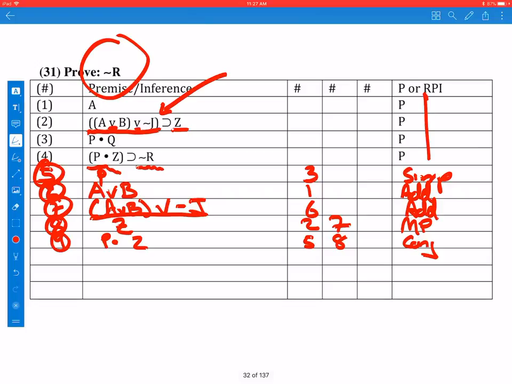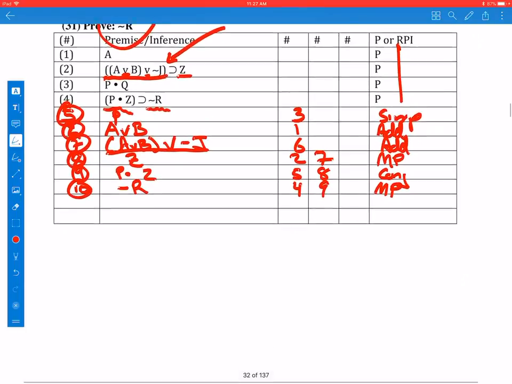So now look, 9 and 4. We can do a modus ponens and get not R. That was 4 and 9 modus ponens, and we're done.